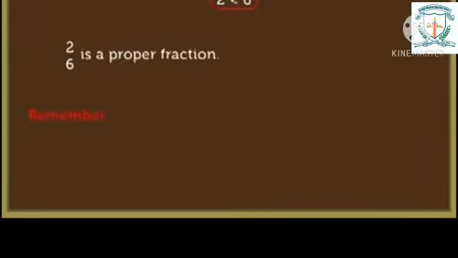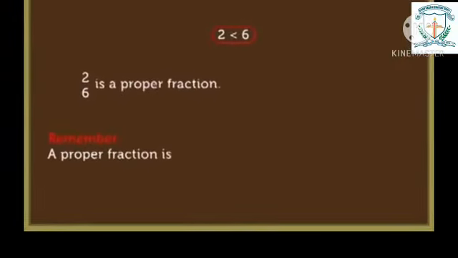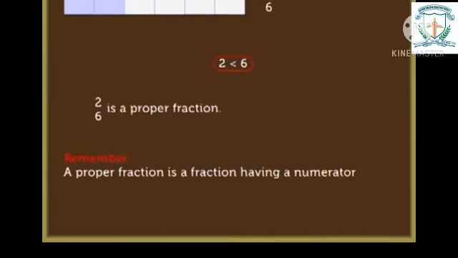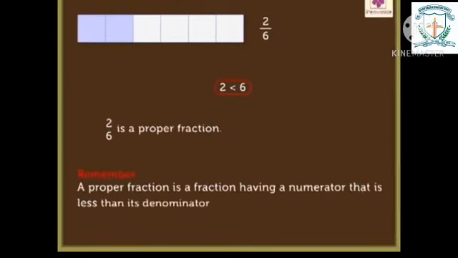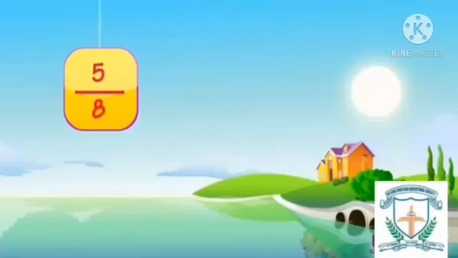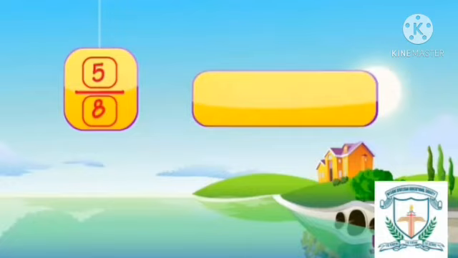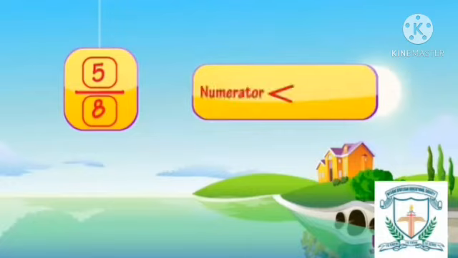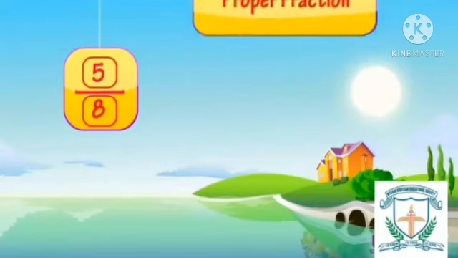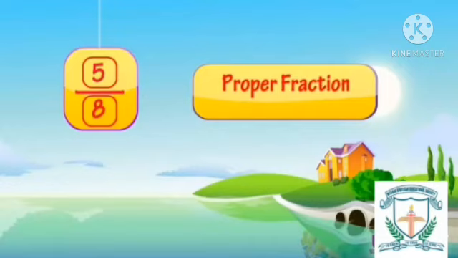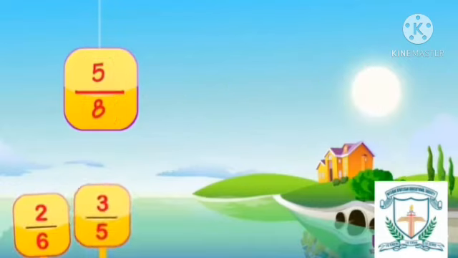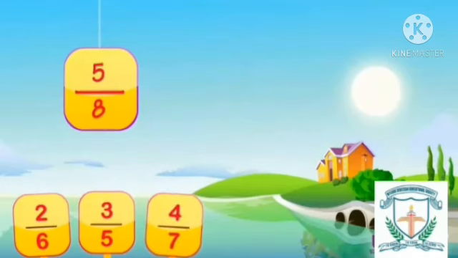Remember, a proper fraction is a fraction having a numerator that is less than its denominator. Let us take one more example. Here 5 by 8 is a proper fraction because the numerator is less than the denominator. 2 by 6, 3 by 5 and 4 by 7. These all are proper fractions.